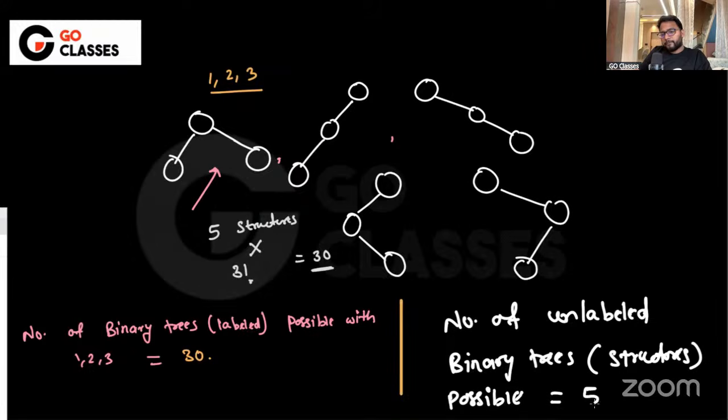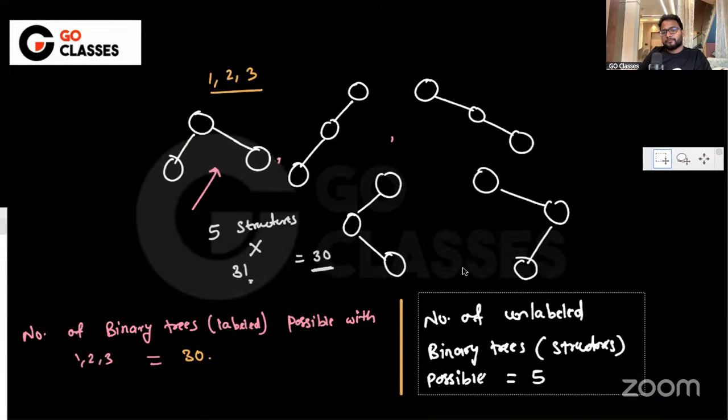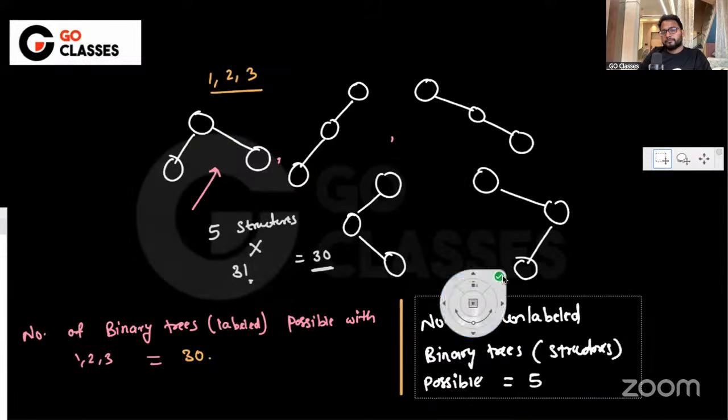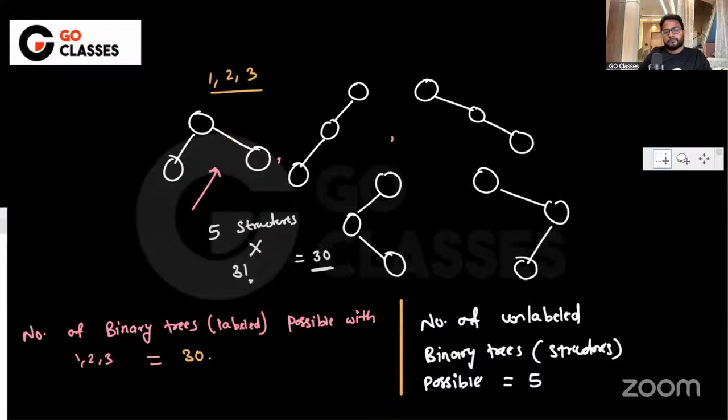The number of unlabeled binary trees is 5. Is this okay to you guys? Number of basically unlabeled 5 or labeled 30, right?